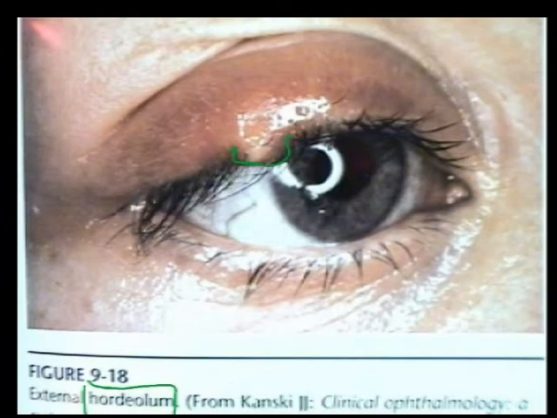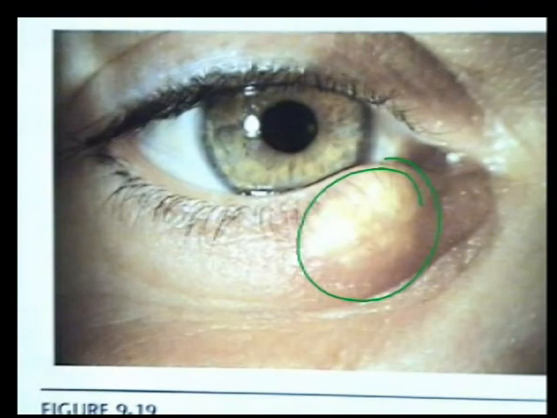And sometimes you will get a blockage in those glands that lubricate the lashes, commonly known as a sty. The more correct term for it is hordeolum. You can also get a blockage in the meibomian glands that will give you a larger elevated area called a chalazion.